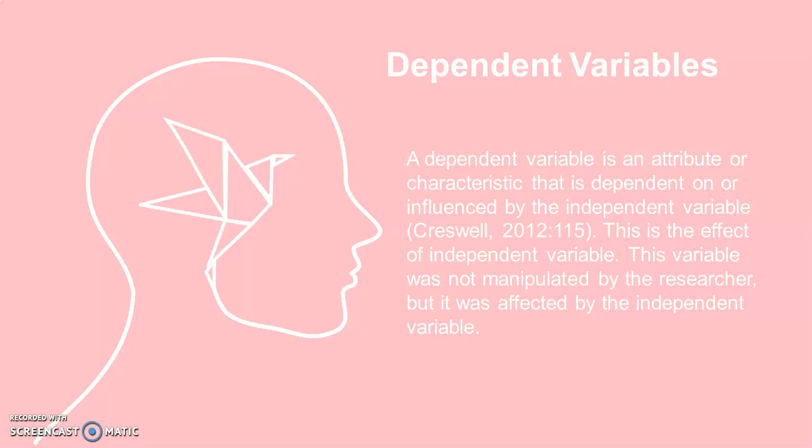This is the effect of independent variable. This variable was not manipulated by the researchers, but it was affected by the independent variable. An example of a dependent variable is depression symptoms, which depend on the independent variable.